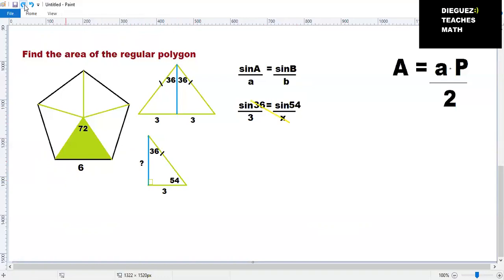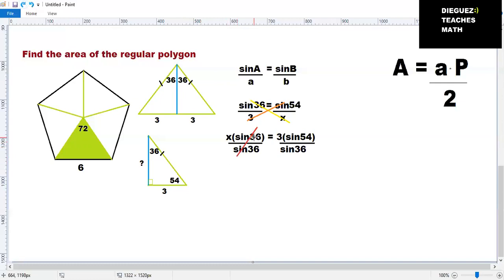So we cross multiply, and when we cross multiply, we get x times sine of 36 equals 3 times sine of 54. I want to isolate the x, so I have to get rid of the sine of 36. Since I'm multiplying, I know that I'm going to have to divide by the sine of 36.